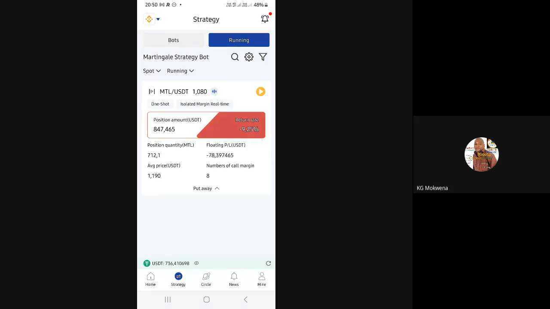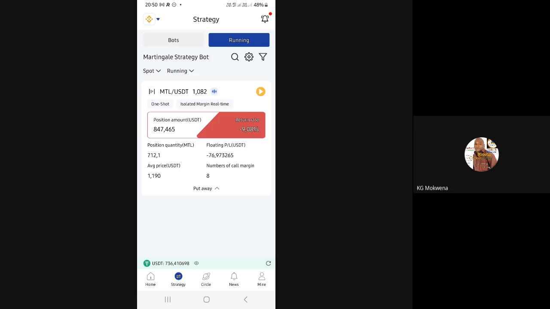So what we're going to do, I'm happy that the market came down to 1.08 now. I wish it could even go lower than that. But we do this with confidence. We're going to push back the $300 as per the settings that we had previously. To do this, you click on the position. We are on the strategy page.